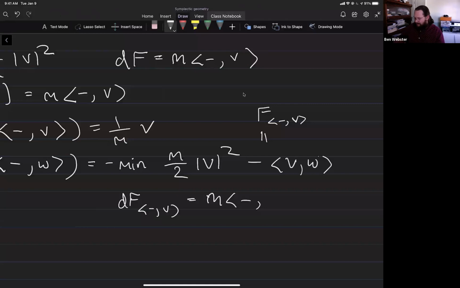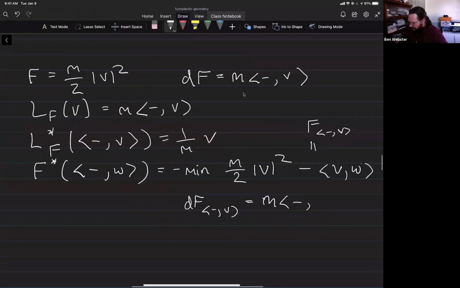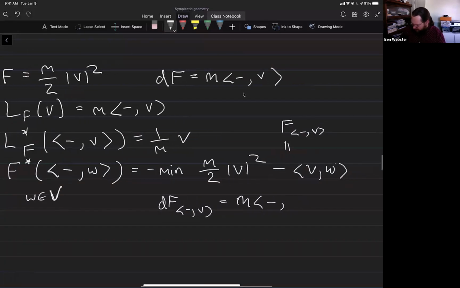So sorry. I'm probably going a little too far down this rabbit hole, but I want to do this calculation right. When I have some element of v, which I'll call w, pairing with that gives me a linear function, an element of v dual. And by definition, the value of f dual on that is minus the minimum value of m/2 times norm squared minus the pairing of v with w.